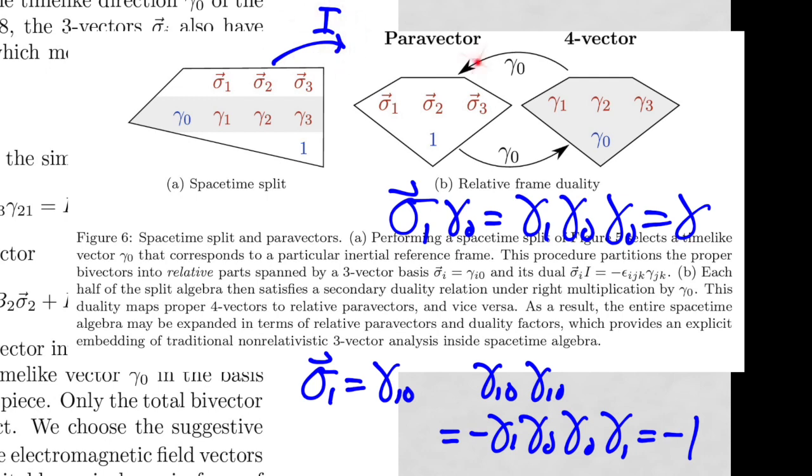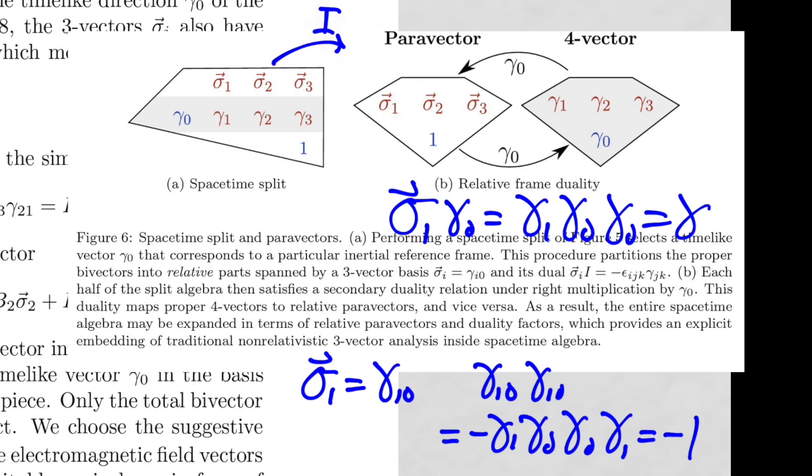But there's another split between paravectors and four vectors, that we call relative frame duality. So this is the proper frame, this is the relative frame, and they're connected by right multiplication by gamma 0. So if I take gamma 1 and right multiply by gamma 0, I get sigma 1. If I take sigma 1 and right multiply by gamma 0, I get gamma 1. And in this case, they actually do exactly line up. There was that messy problem of minus signs that we have with the other duality.